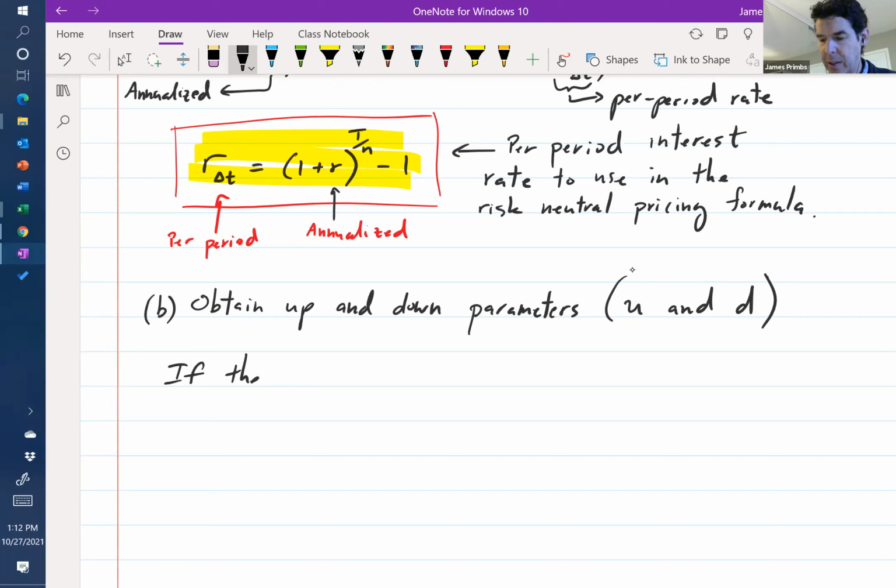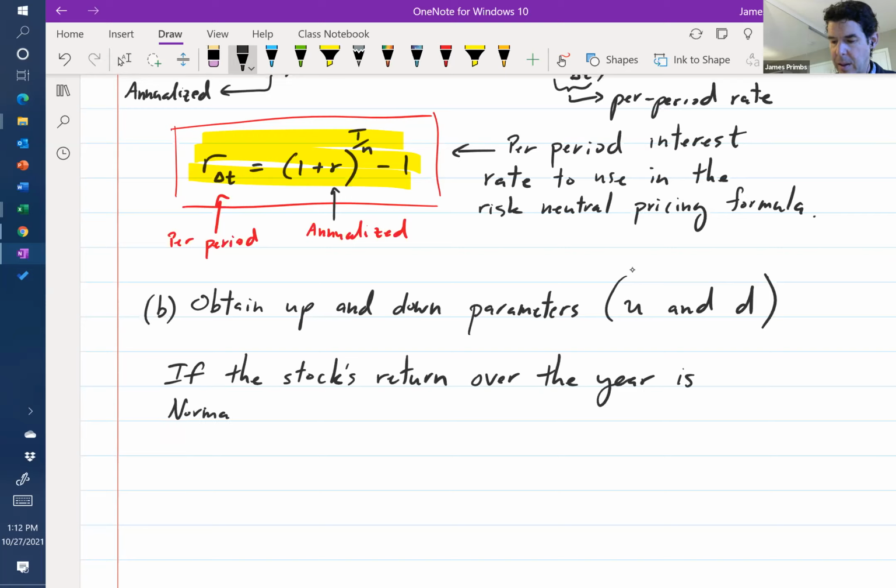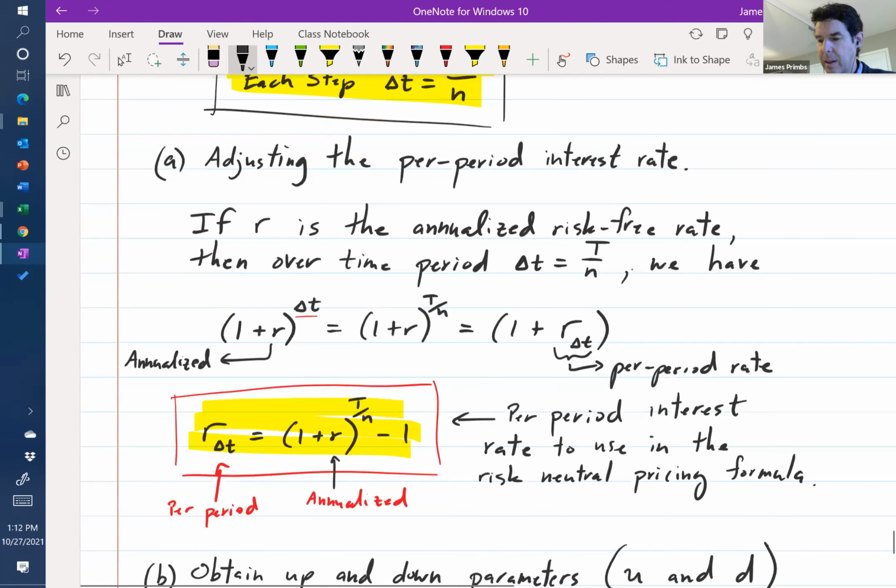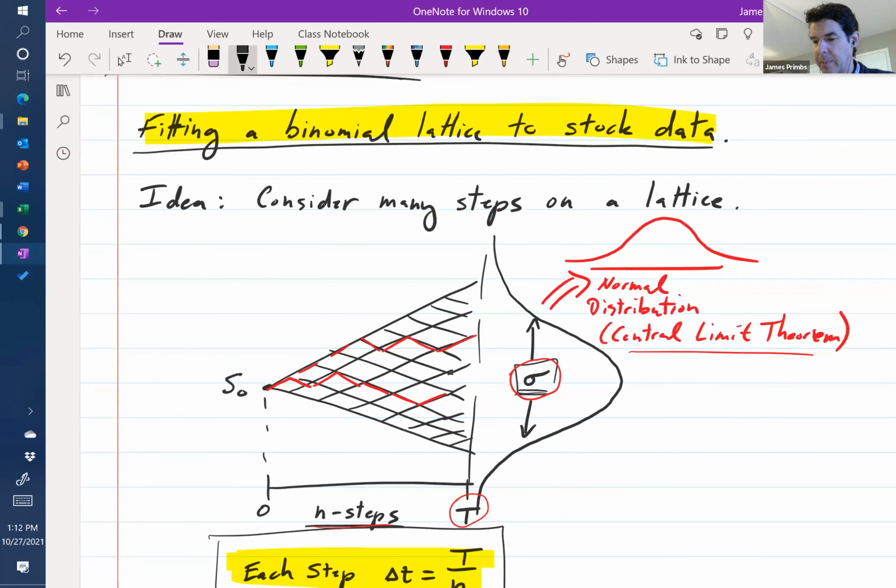If the stock's return over the year is normally distributed, that was our model up here, that was this picture up here, and that makes sense from the central limit theorem.